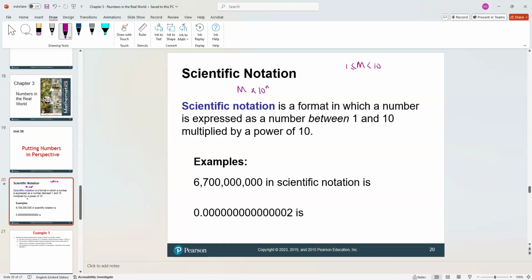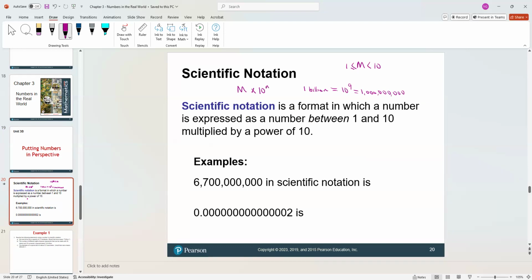So a billion is 10 to the 9th power. If we say 1 billion, it's the same thing as saying 10 power 9, or you can say 1 and then 9 zeros. So you understand that's 1 billion.